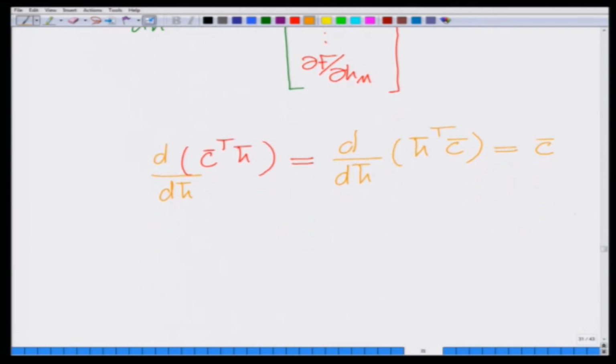All right. So, this is the property that we have proved with respect to the vector derivative df with respect to dh bar of the function f of a vector h.